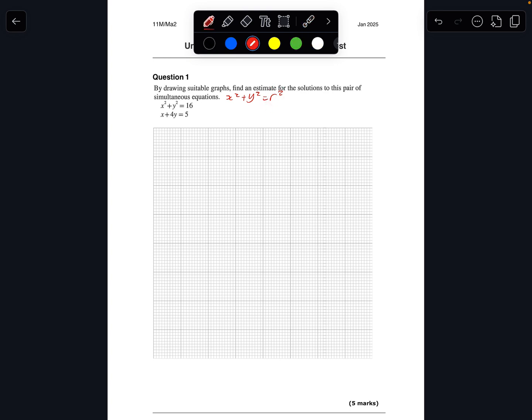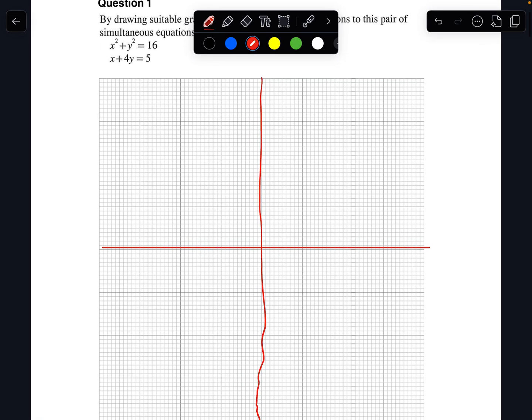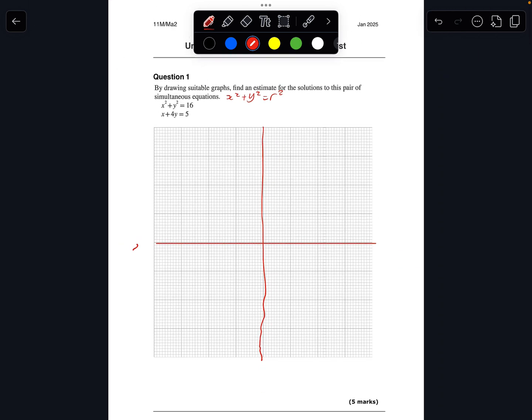If you look conveniently, the bars that we've got go 4 across in every direction. It's like 8 by 8, which is going to make life a little bit easier when it comes to doing a circle. So we can just draw a nice circle around. Obviously, use a compass in your exam. I've got the computer to help me.